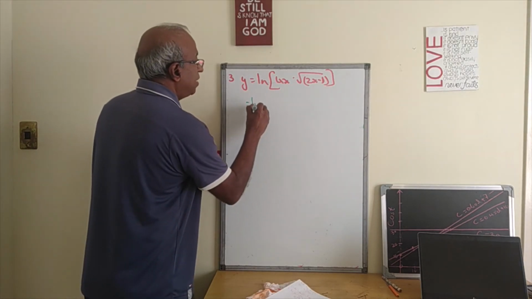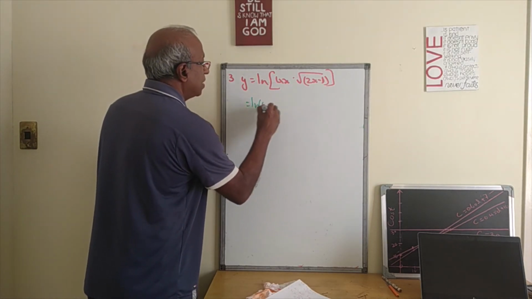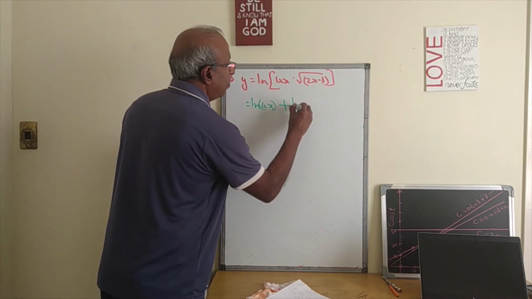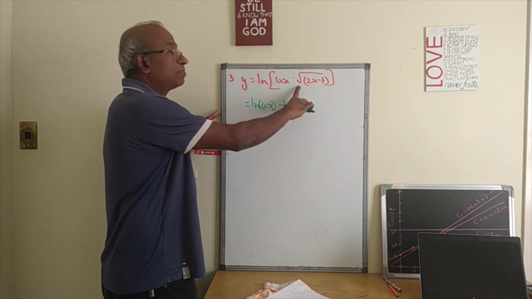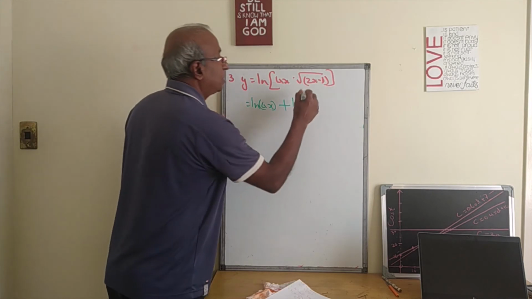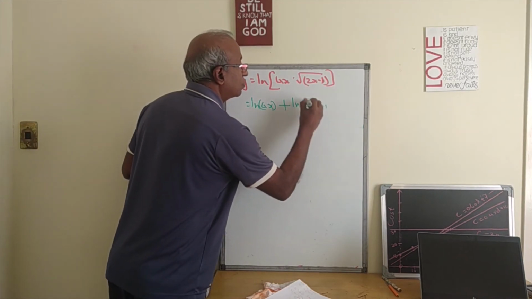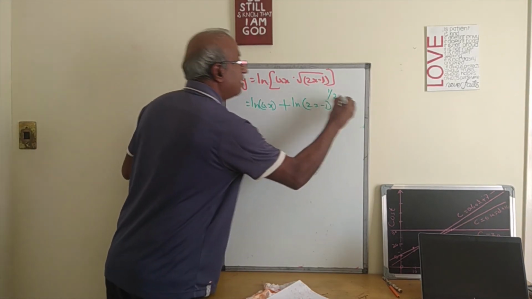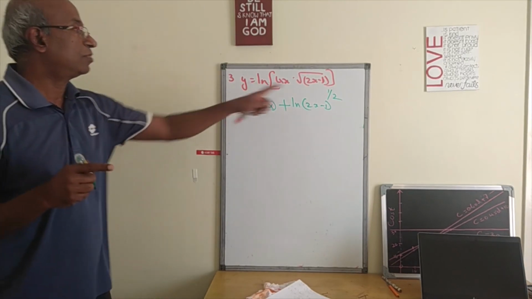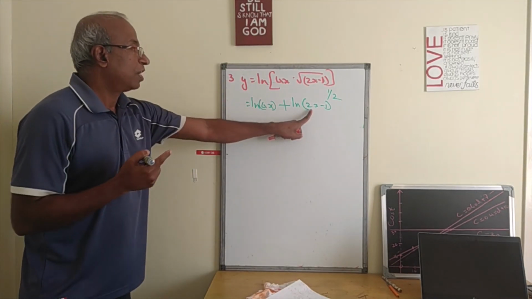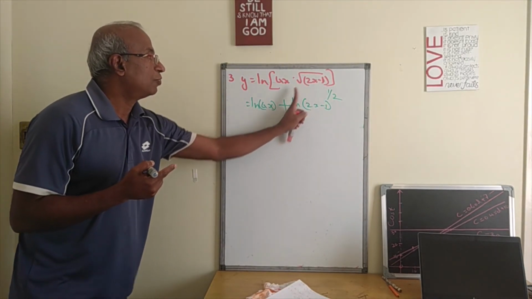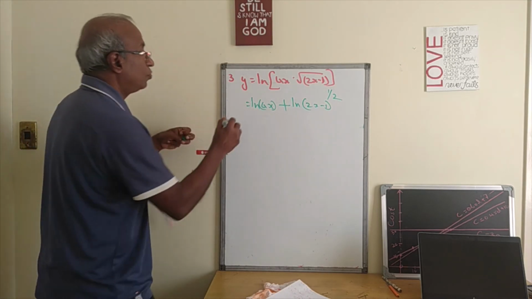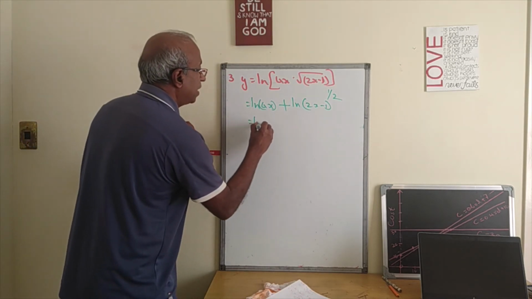That is ln of 4x plus ln of that square root of (2x minus 1). I'm going to change that one to (2x minus 1) to the power of half. Square root means to the power of half. I'm going to drop that half in front of the function using property number 3.